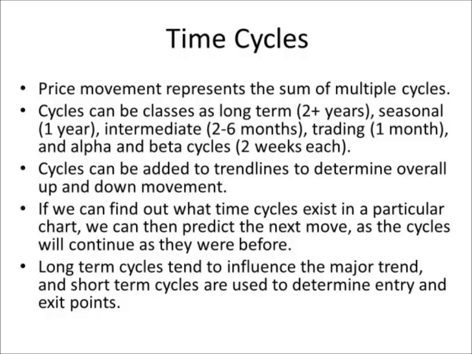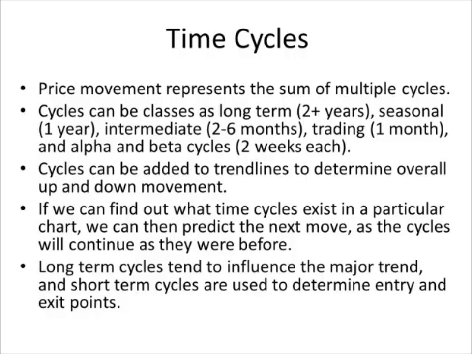Like I said, we have to take a price chart and break it down into different cycles, and we can coincide these cycles with what we think are the major, intermediate and minor trends. And if we know what cycles are present in the price, we can then use it to predict the next move, because the cycles will continue as before, right? And we have to be able to add them together and create what we think the price will do going forward.